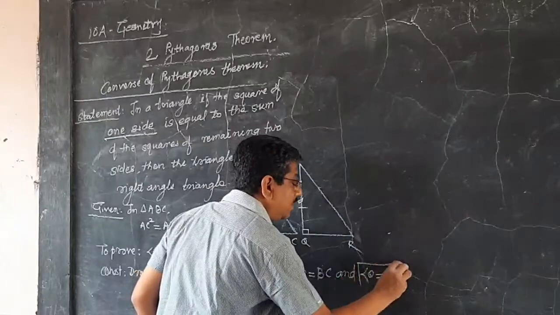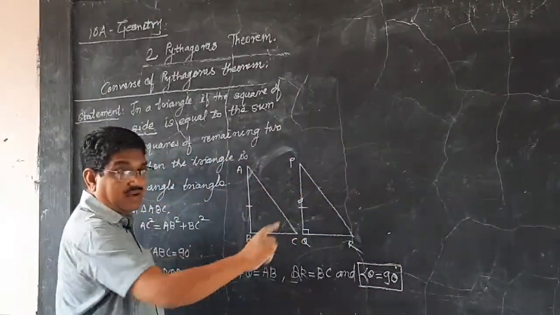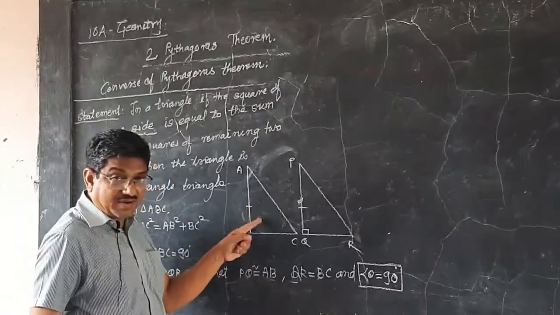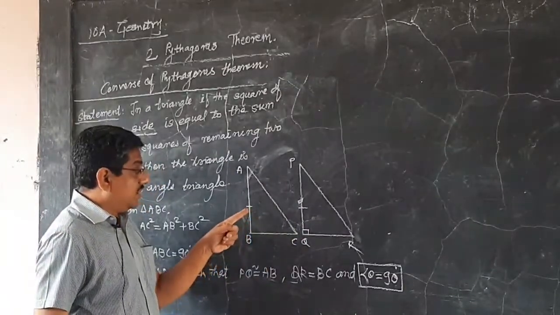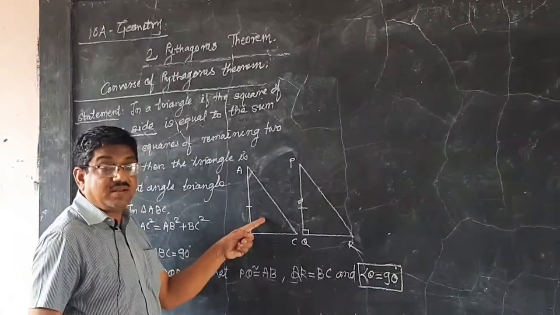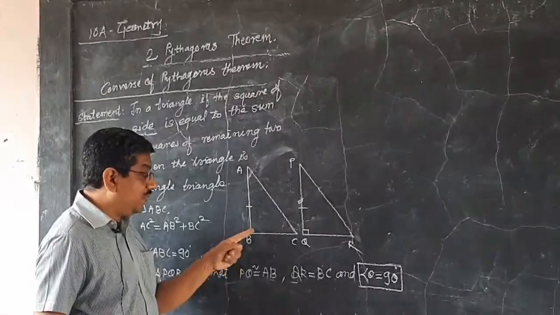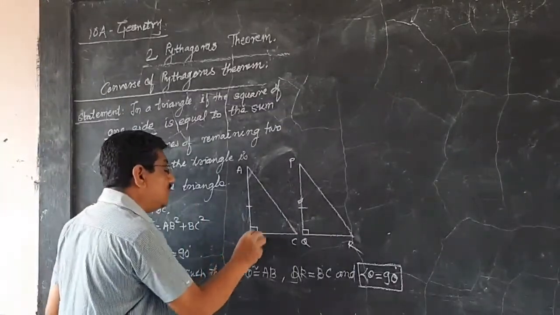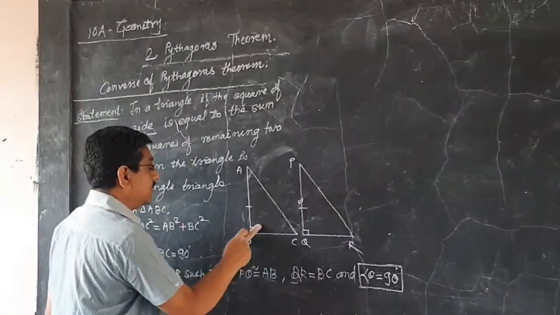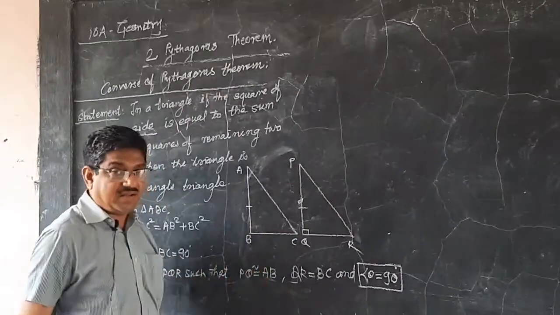It is important. This is a right angle triangle. Here we have not taken a right angle triangle. You have to prove this triangle is a right angle triangle. Therefore, if you show by mistake, if you show here the B mark, then it is wrong. Therefore, remember this. You have to prove B is 90.